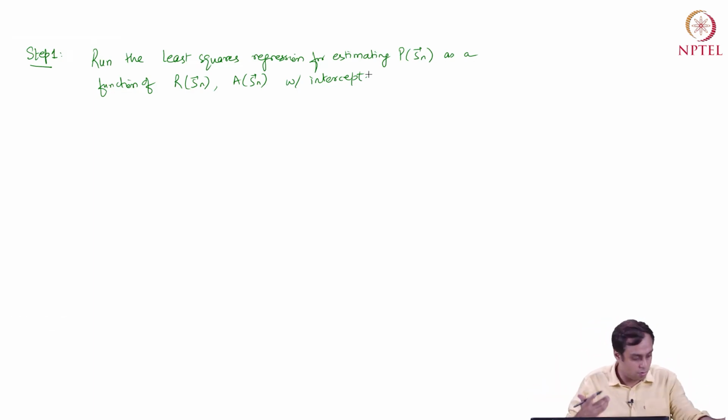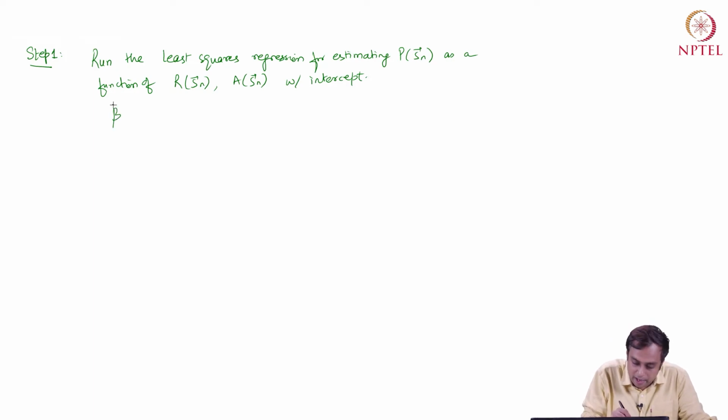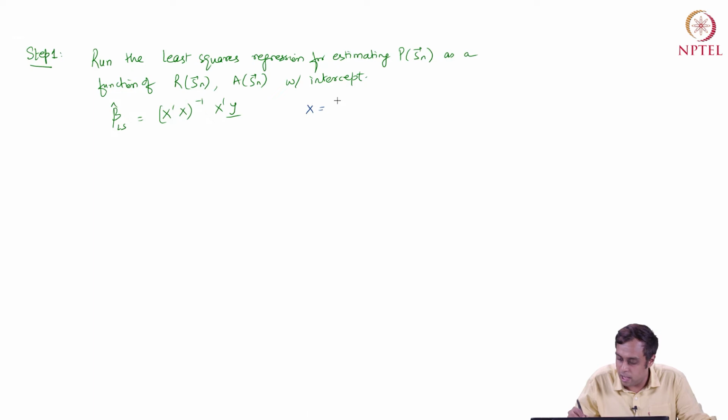That is, we get to our beta hat LS, which is (X prime X) inverse X prime y. Remember, X now has a column of 1s, which is an n by 1 vector. We have R, which is again an n by 1 vector, just like data in an Excel column. And then we have A, which is again an n by 1 vector.